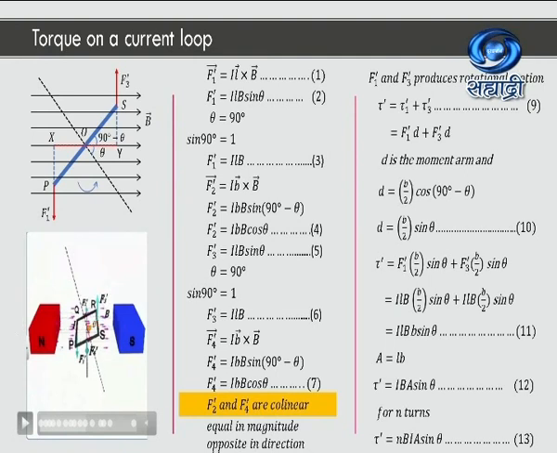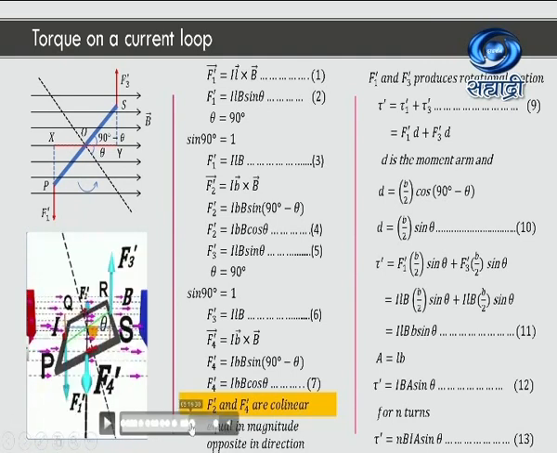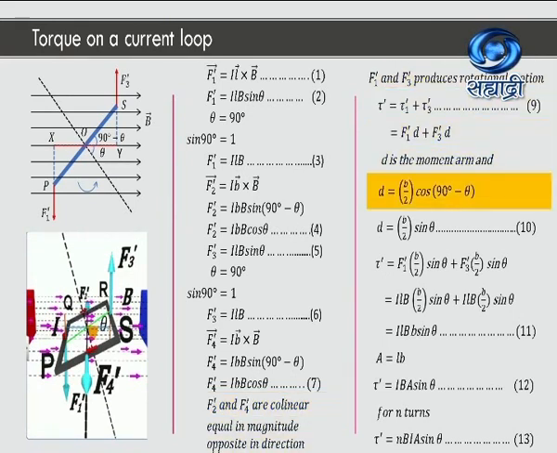I can give you one more figure for this. This is that figure. So it is rotated by a certain angle. Therefore, can I say that D is equal to B by 2 cos of 90 minus theta. Hence, D is equal to B by 2 sin theta.